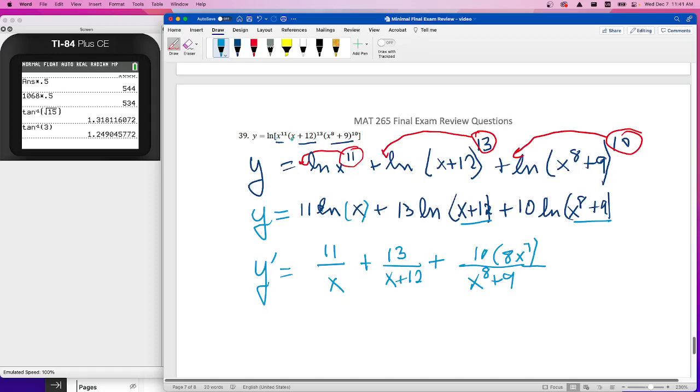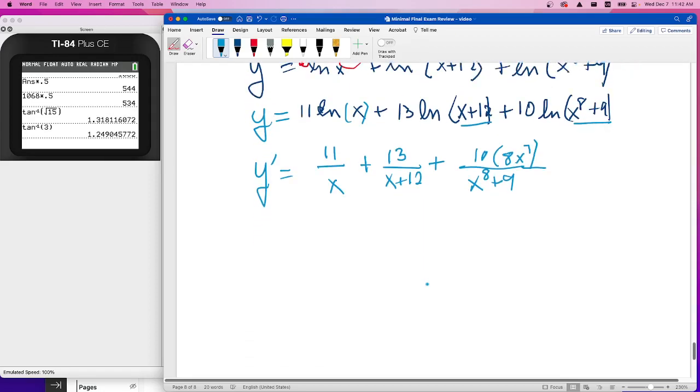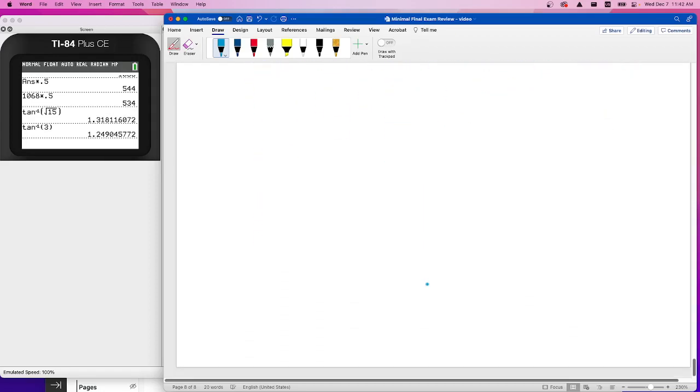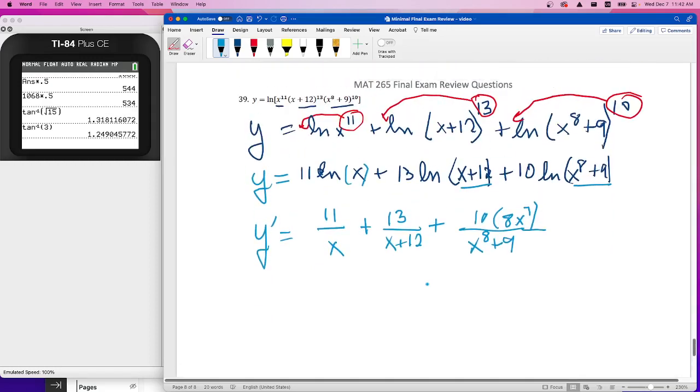Much more straightforward than putting all of this underneath, because then when you do the chain rule part, man, that's going to be a mess. You've got a product inside here and the chain rule would be ugly, and then trying to simplify it down. So just, yeah, don't make things harder than they need to be. That's how I live my life. I highly recommend it.